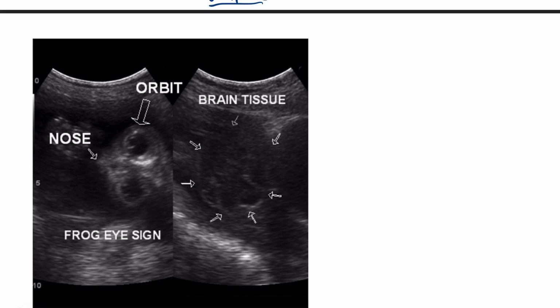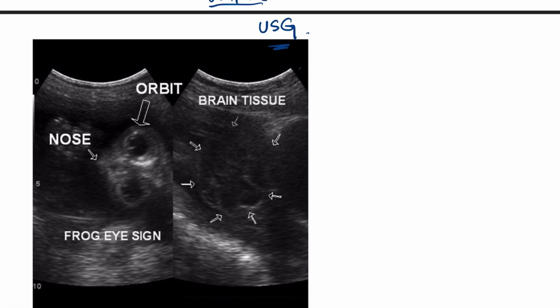Now this is the USG, and here you can see what is typically seen in anencephaly. So this is the USG where we can see the two orbits. This is one orbit, this is another orbit, which basically looks like a frog eye. So this is called your frog eye sign.